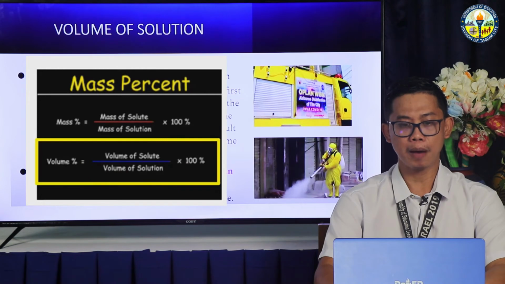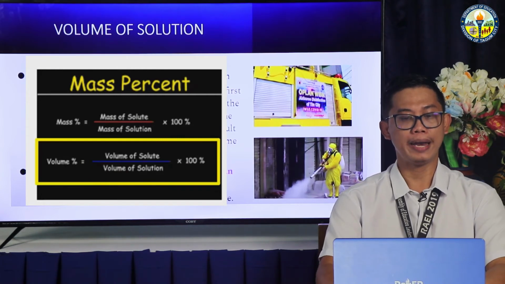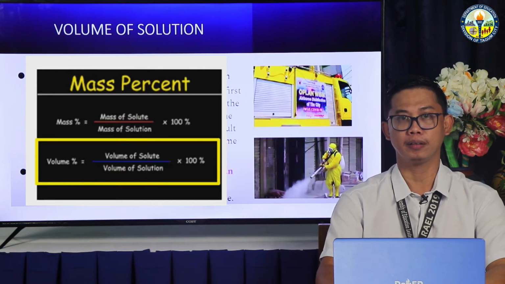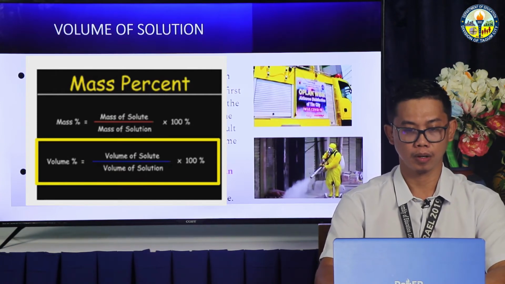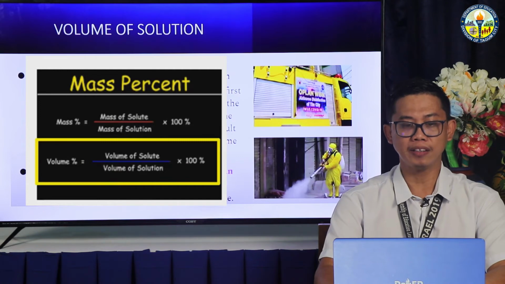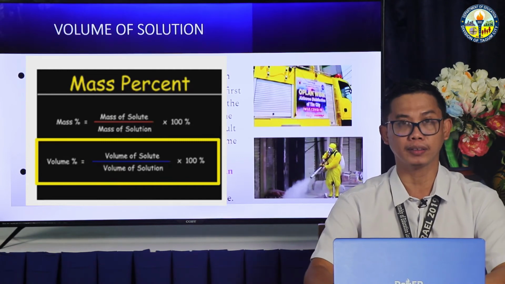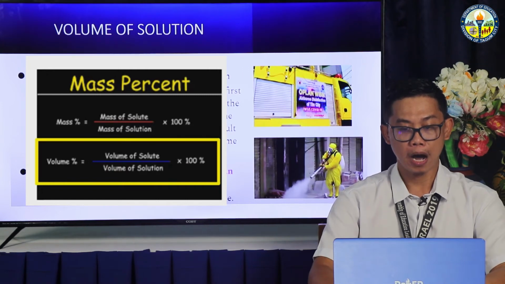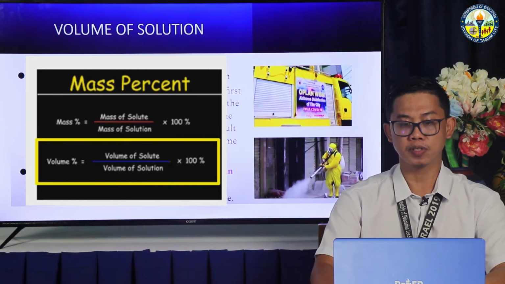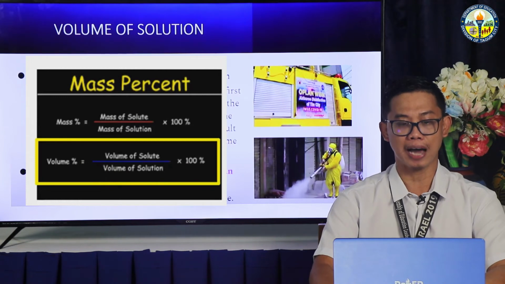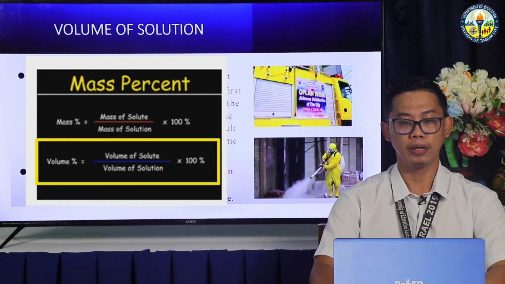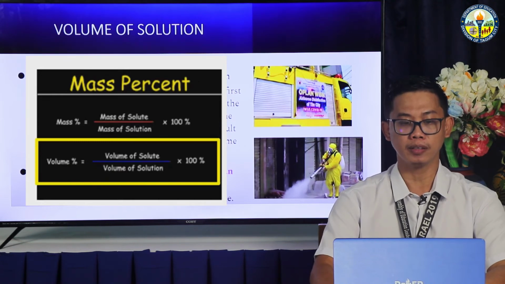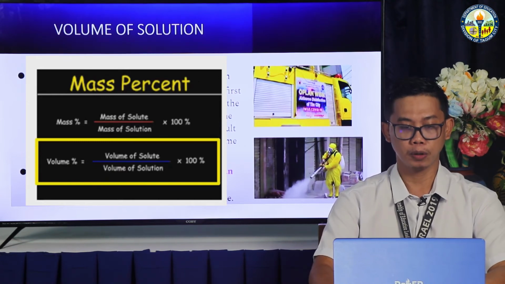The same thing happens worldwide, and up to the present, we are still experiencing this pandemic. The usage of sanitizer and other disinfectants are intensified. Now, do you know that the composition of sanitizer is alcohol, glycerol, and hydrogen peroxide of different percentages by volume?